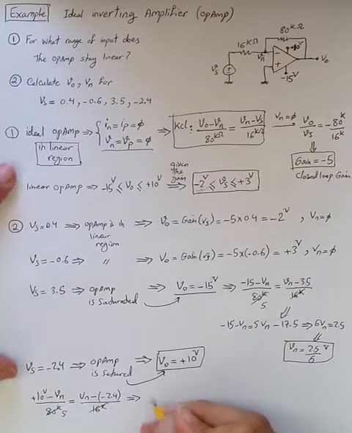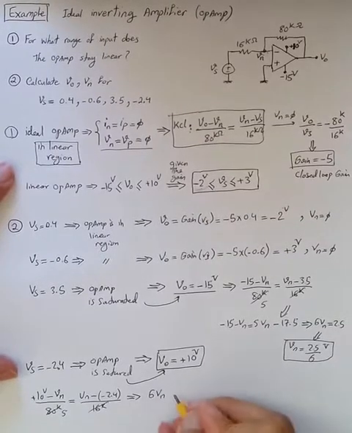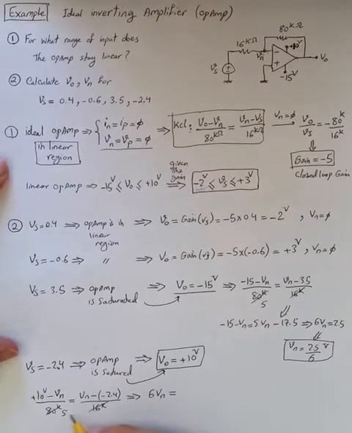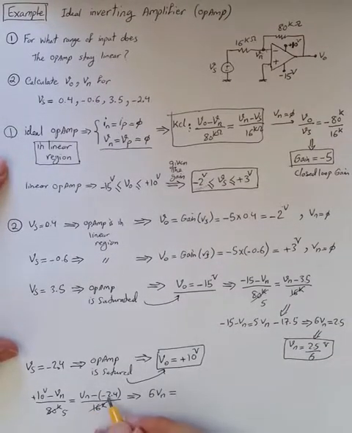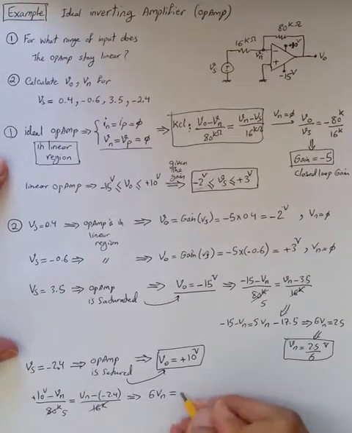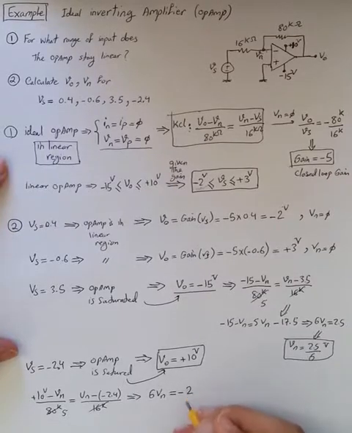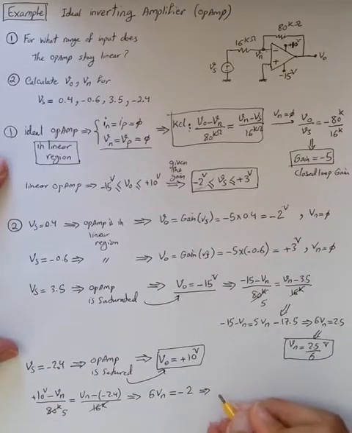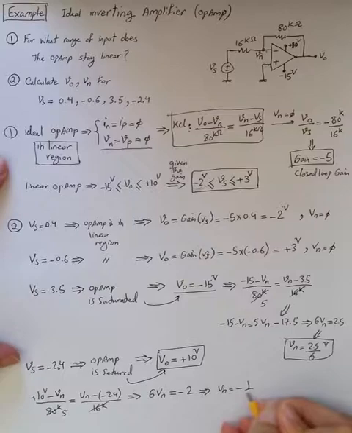We can say that 6 Vn is equal to minus 12 plus 10 minus 2, so we can say Vn is minus 1 over 3 volt.